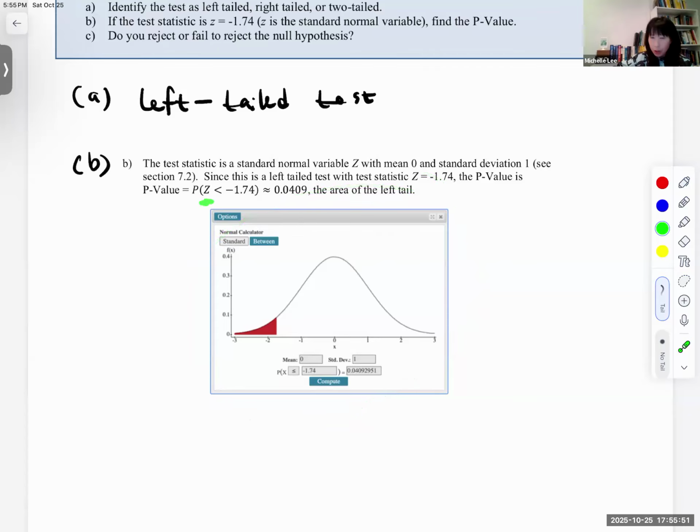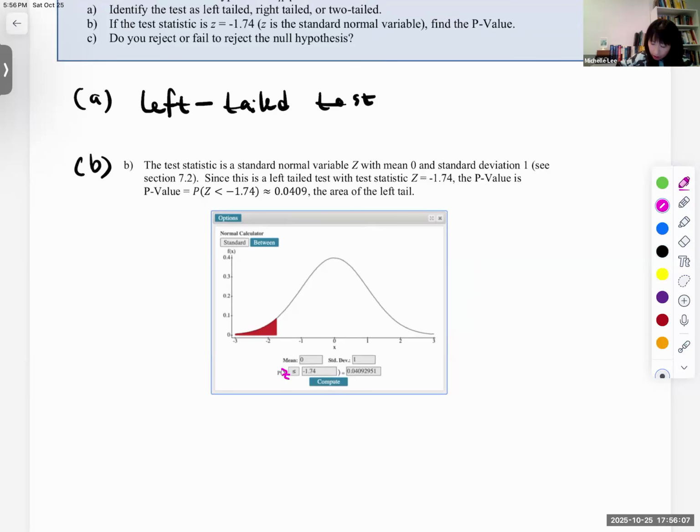We are using the z-score negative 1.74. This is a normal curve from StatCrunch with mean equal to 0 and standard deviation 1. This is the z-score, and the probability is 0.0409.